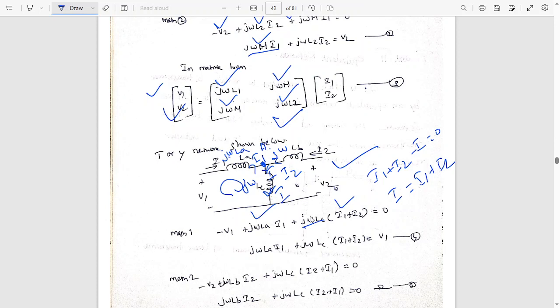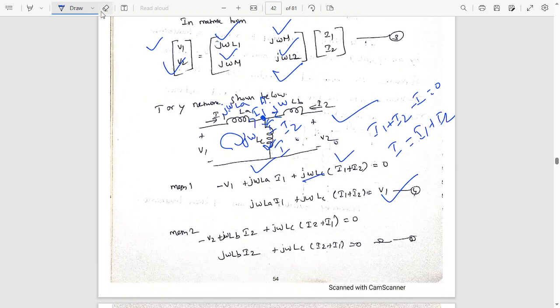So we got j omega LC (I1 plus I2) equal to 0. I can rearrange it and get an equation like this. I'll erase this so that I can write for loop 2. This needs to be represented as j omega LB, this is j omega LC, this is j omega LA.